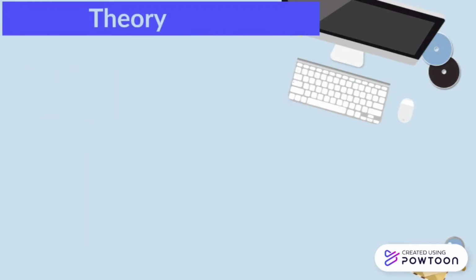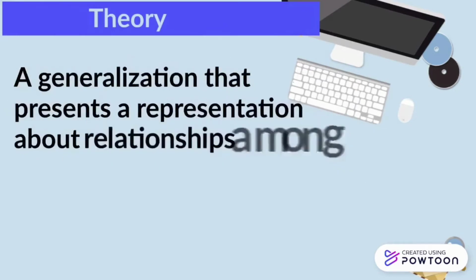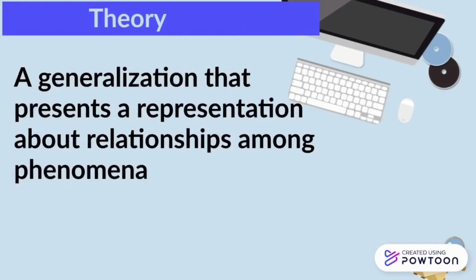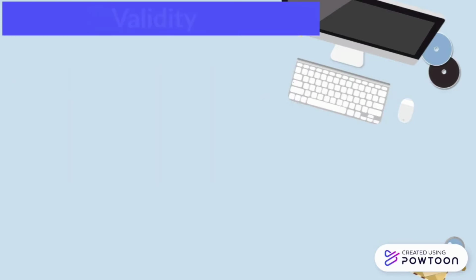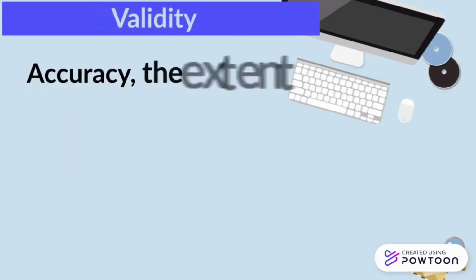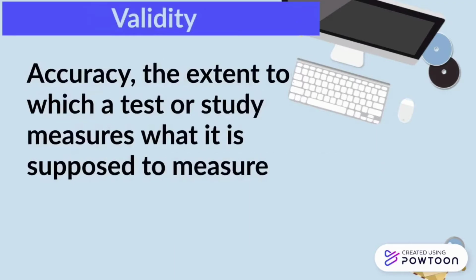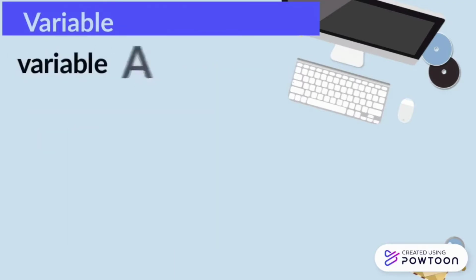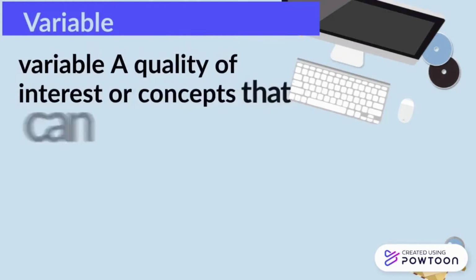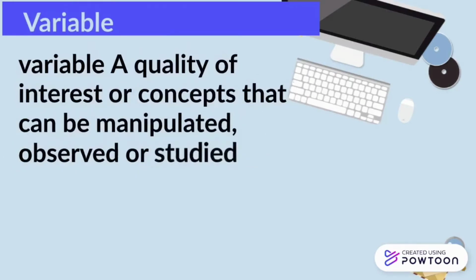Theory. A generalization that presents a representation about relationships among phenomena. Validity. Accuracy, the extent to which a test or study measures what it is supposed to measure. Variable. A quality of interest or concepts that can be manipulated, observed, or studied.